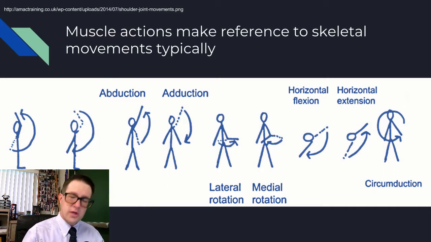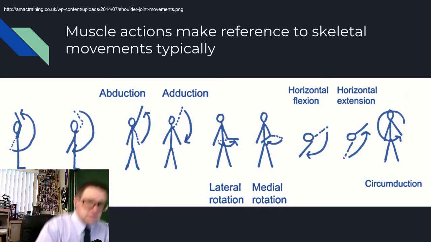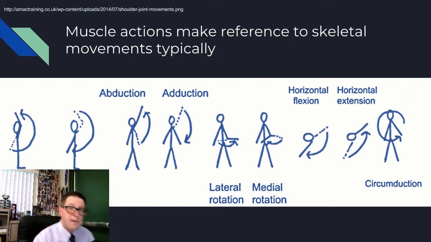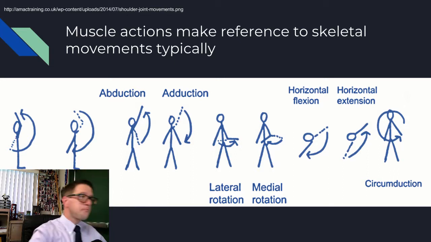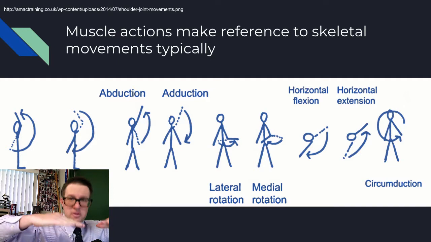So if you were to look inside of the frontal plane and we were to move up and down in the frontal plane, we call that flexion and extension. So if I were to flex my arm, it would move up in that plane. If I were to flex my shoulder, I would bring my shoulder up. Abduction and adduction make reference to the sagittal plane. So if I were to move away from the sagittal plane, we call that abduction, like if you're being abducted.